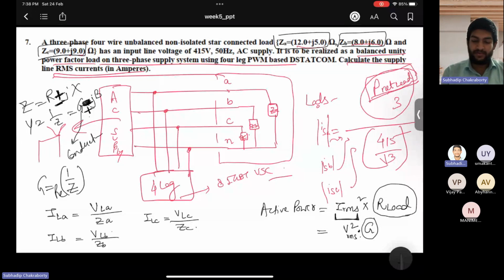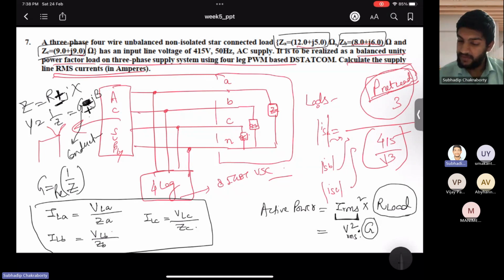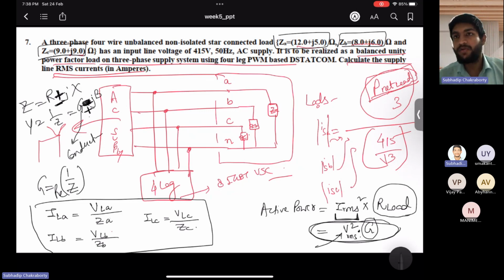So anyways you can do, it is a longer method. It is a shorter method. This one. Which one? This one. Because you already have been given voltage. VRMS you all know. What is the VRMS of one phase connected across this load? What is it? 415 by root 3.